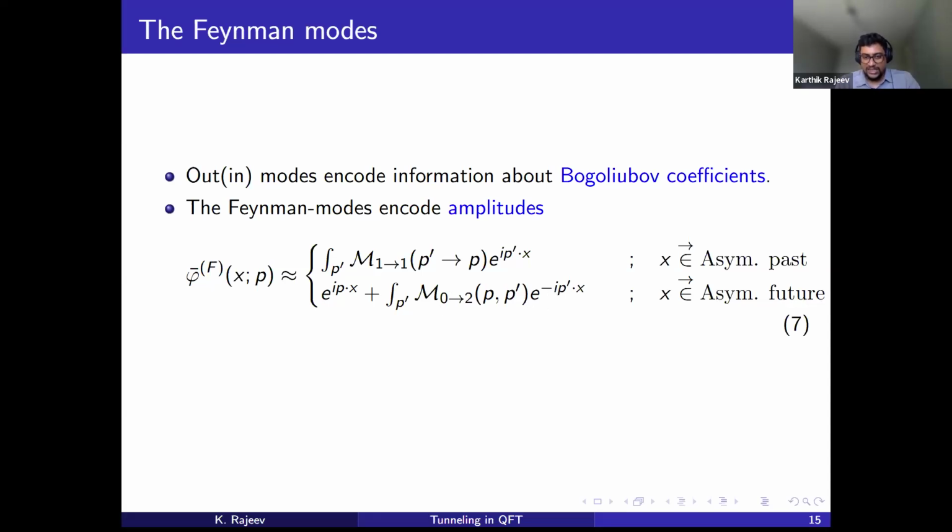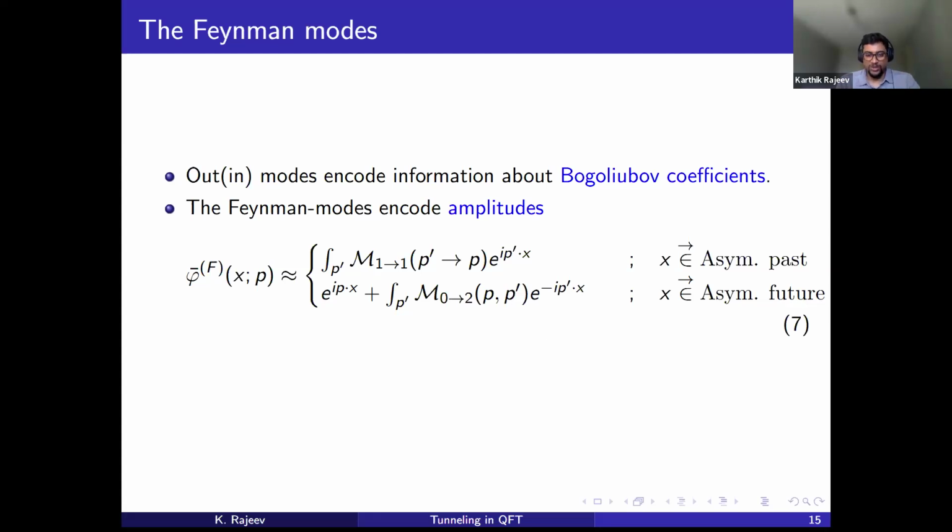And the pair creation amplitude, which I've denoted as M0 to 2, is encoded in the positive energy bit in the asymptotic future. So this is somewhat taking the out mode function based approach upside down.